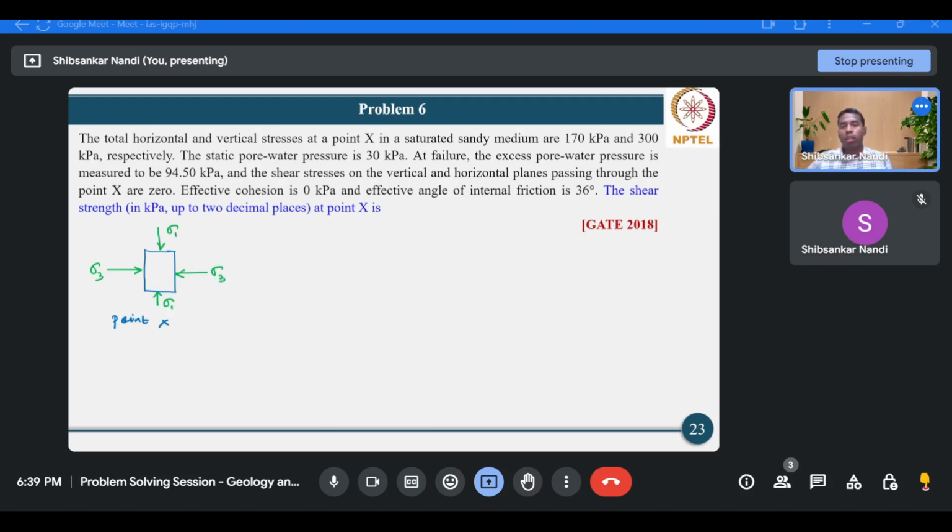Because the shear stresses on the vertical and horizontal planes passing through the point are 0. That means these vertical and horizontal stresses are nothing but the principal stresses. Vertical has the higher value, so it will be the major principal stress, and horizontal has the lower value, so it will be the minor principal stress. So sigma 1 value is 300 kPa and sigma 3 value is 170 kPa.